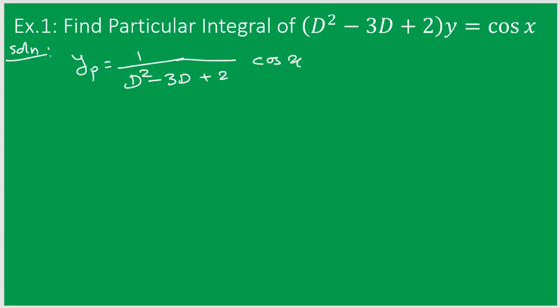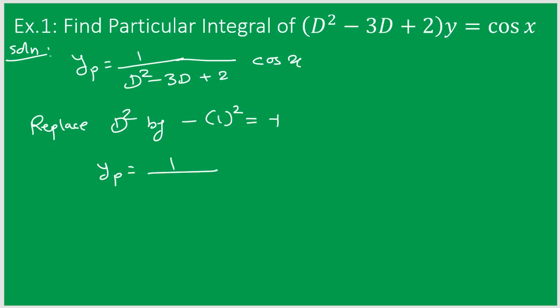Now what we'll do here is replace D square by minus of 1 square, that is minus 1. So yp is 1 upon, now D square will be replaced by minus 1, minus 3D plus 2, cos x, which is equal to 1 upon 1 minus 3D cos of x.